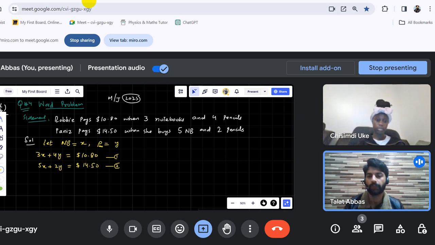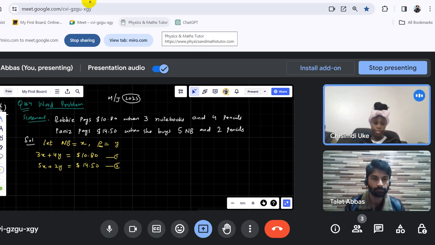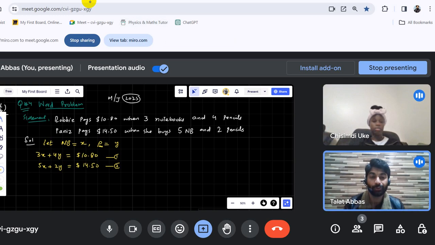Let's say you multiply the second equation with 2, then you can get rid of the decimal. But what will you do in the first equation? You need to multiply the first equation with 10 or 100 to get rid of the decimal.